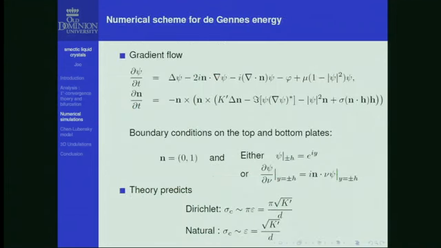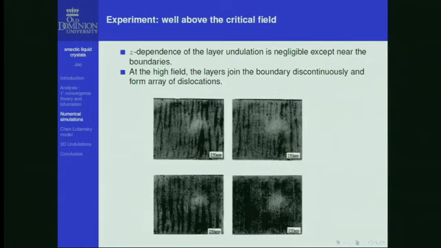We are more interested in the gradient flow with the non-constant layer density. In that case, we have this phase transition term, and boundary conditions on the top and bottom. We have Dirichlet and natural boundary conditions. Now I want to show this experimental picture from Lavrentovich's group.